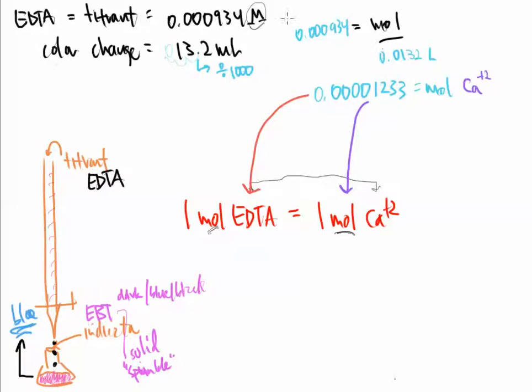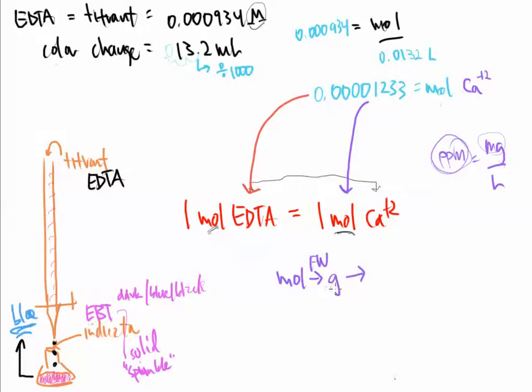Alright, so now I need to figure out how on earth I can get to this ppm value, right? Again, ppm is milligram per liter. Well, here I've got moles of calcium, but I need milligrams of calcium. So I can go from mole to gram, but in order to do that, I need the formula weight for calcium.